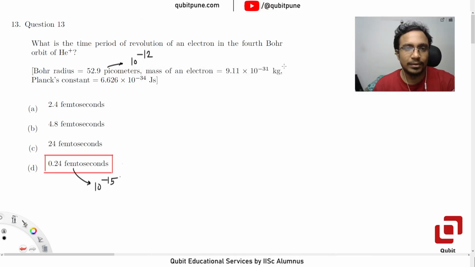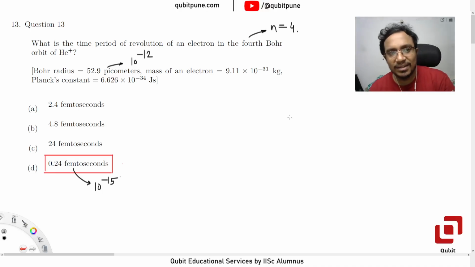Take the fourth Bohr radius, n equal to 4, for He plus. What did you guys take Z as? Sir, 2, right?